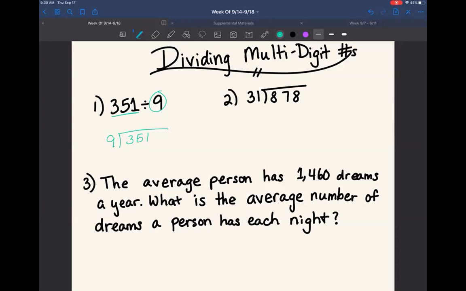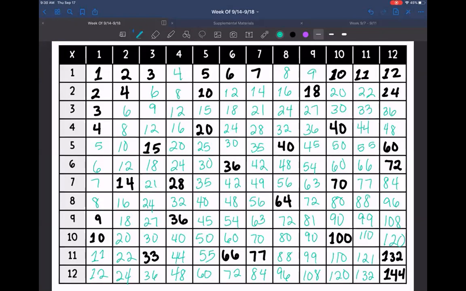So first I need to figure out 9 times what equals 3. 9 times what equals 3. Rachel? 1. So let me go over and look at my table, right?